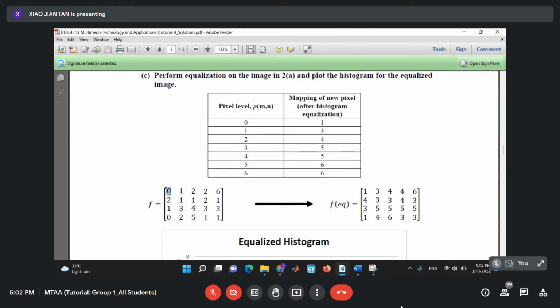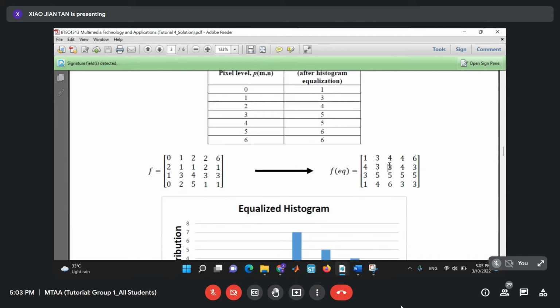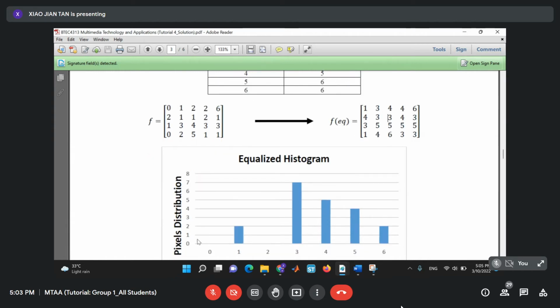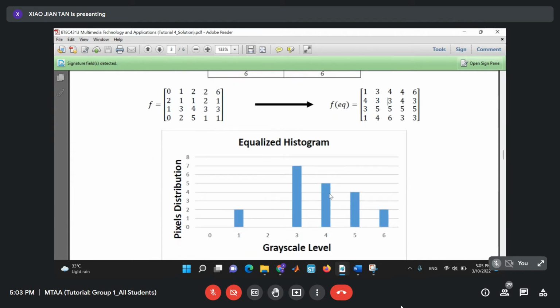So for every 0, it will become 1. And then 1 becomes 3, so this becomes 3, 3, 3, 3, 3, 3, 3, and so on. So this is the equalized image, and from these equalized values, you can plot this chart.